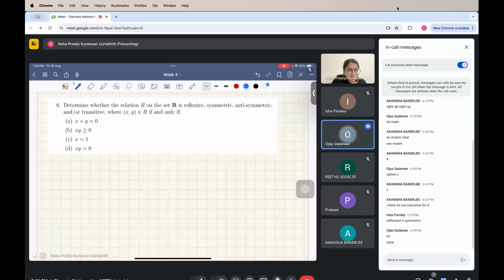Meaning a comma a is valid, but a1 comma a1 is not valid. No. Every property that we define must hold for every pair of elements. Only then you say it holds. Okay, ma'am. Okay, good.